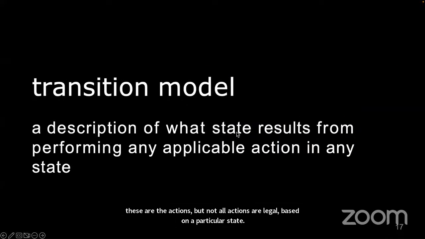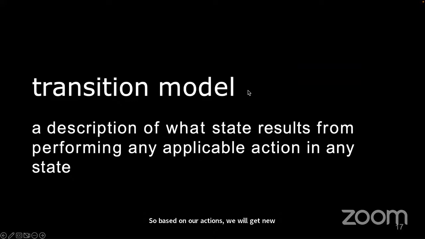So based on our actions, we will get new states. We represent this concept using a transition model, which describes what state results from performing any applicable action from the input state.